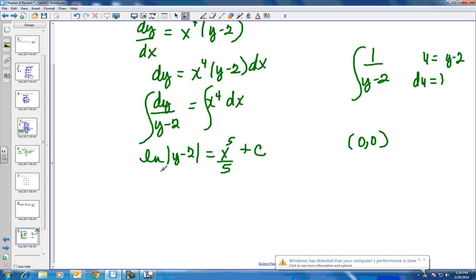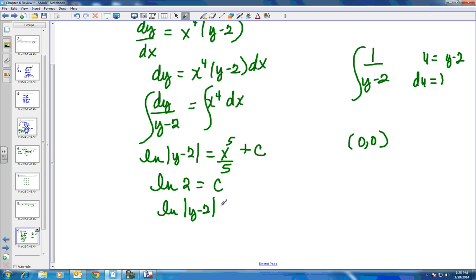So natural log of 2 equals 0 over 5. So c equals natural log of 2. So I have the natural log of y minus 2 equals x to the 5th over 5 plus natural log of 2.